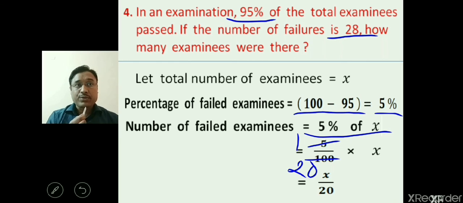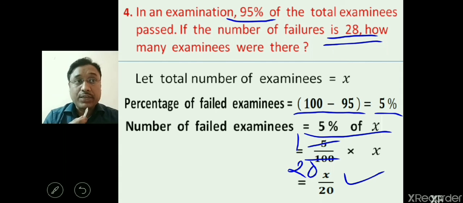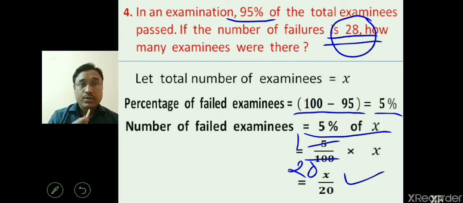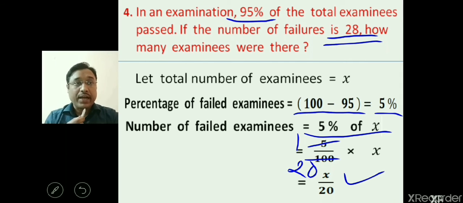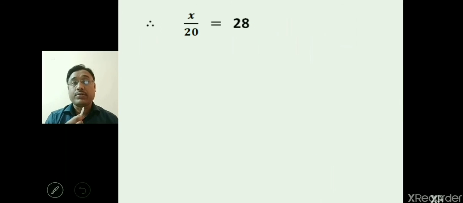But according to the question, the number of failed examinees is 28. So that means they are equal. We have got x by 20 as the number of failed examinees, and in the question the number of failed examinees is given as 28. So we can say that x by 20 equals 28.